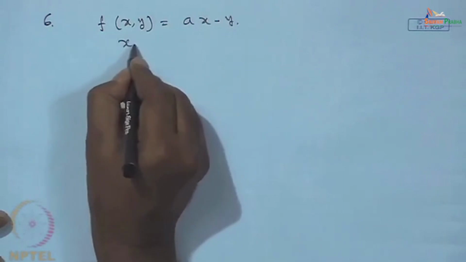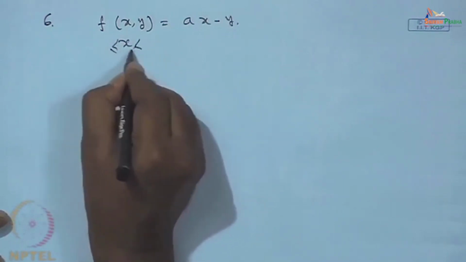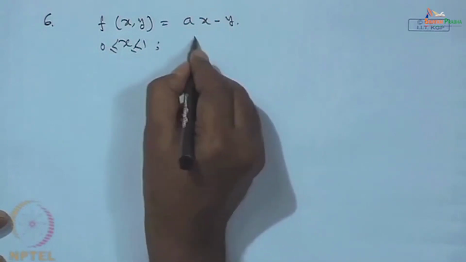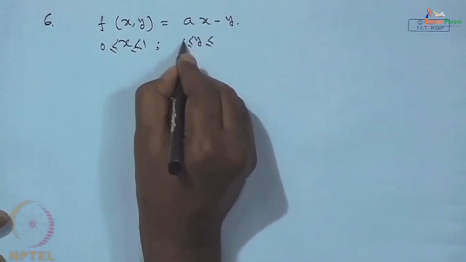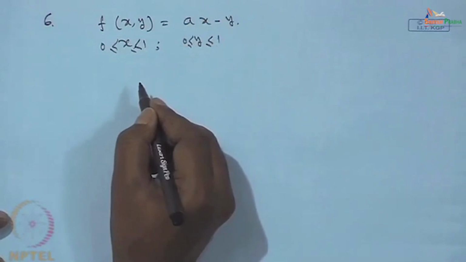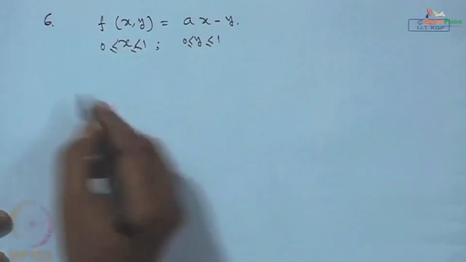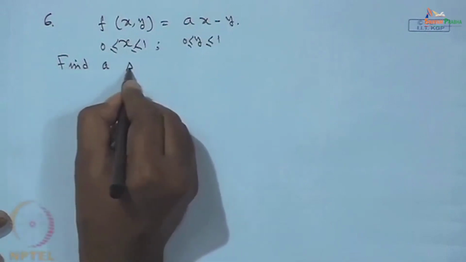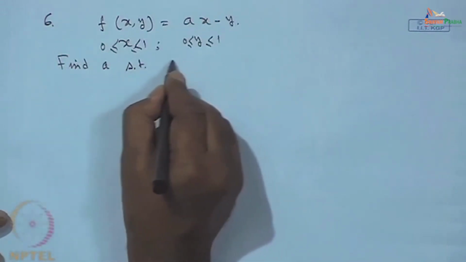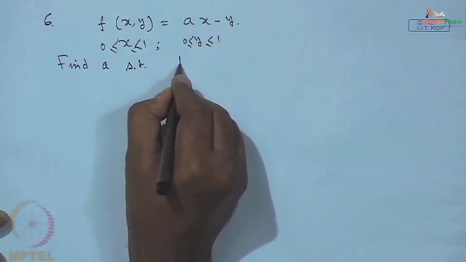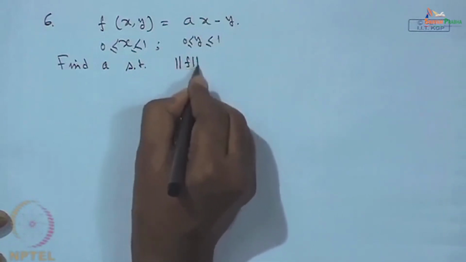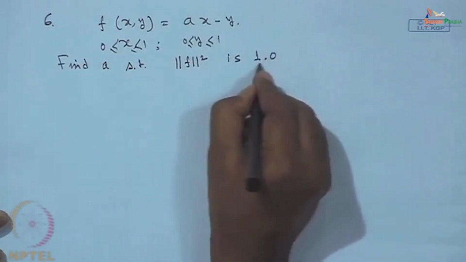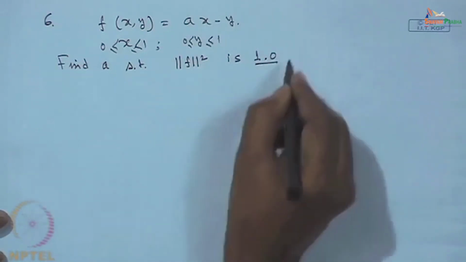Both x and y belong to the same domain, that means x varying between 0 and 1 and y is also varying between 0 and 1. Now, we have to find a such that norm of f is equal to 1. Okay. So, that is the question.